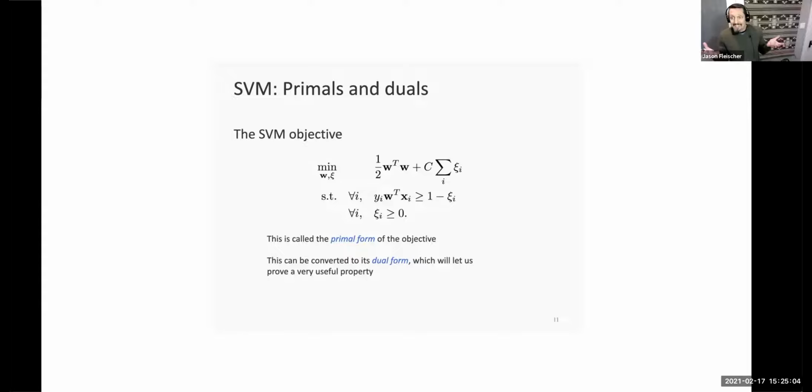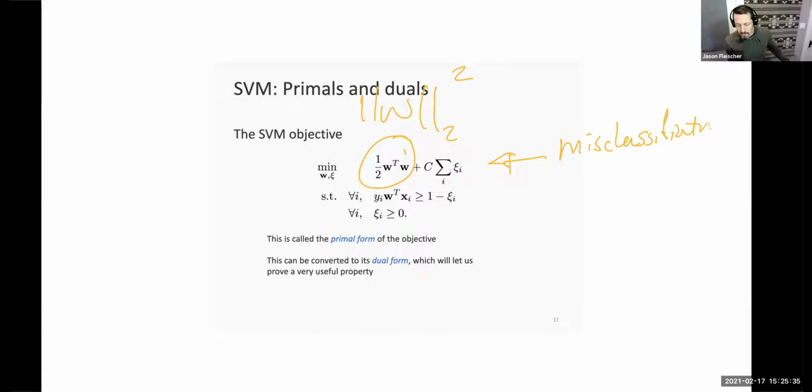So you've seen the SVM formulation before. This is just a slightly different way to write it that I'm stealing from somebody else. That is the weight squishing margin term, and this one here is the misclassification error term, in terms of the slack variables, which allow us to have things that go over the margin a little bit.